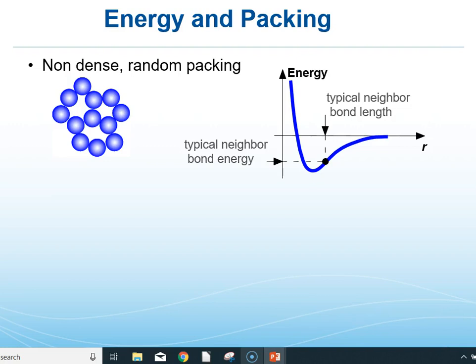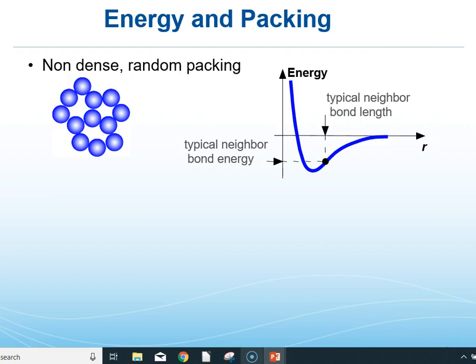So on the average, more of the atoms are going to be farther apart than they really want to be, based on energy minimization of our interatomic spacing versus bond energy diagram, which you can see on the right. If you look at that blue structure, the average real interatomic spacing is probably where that black dot is. That is not the bottom of the well, so on the average, that structure has a lot more energy than it would like to have.